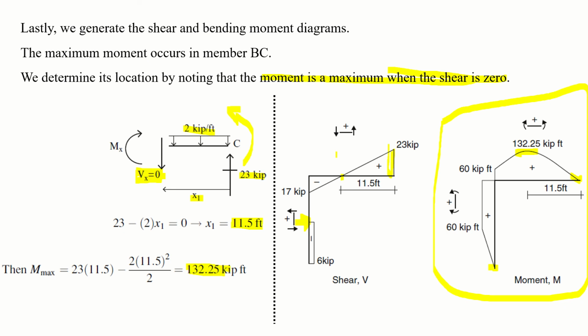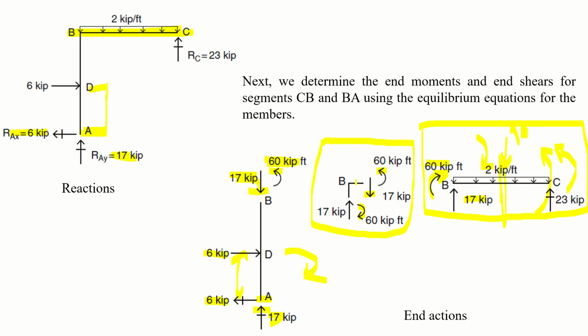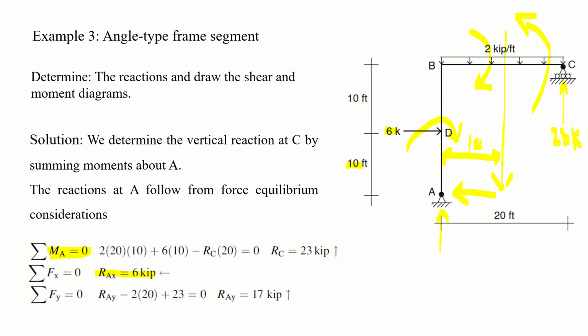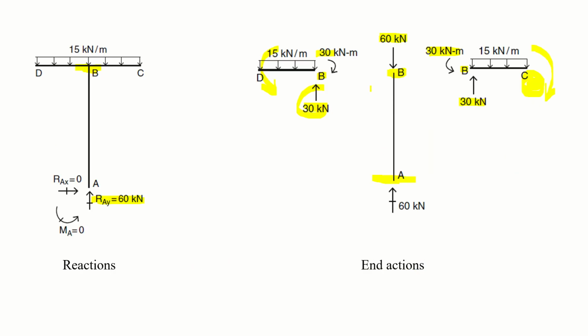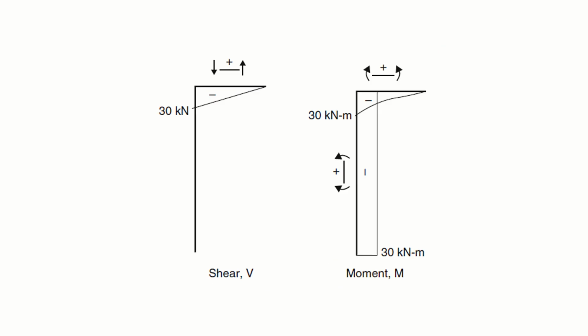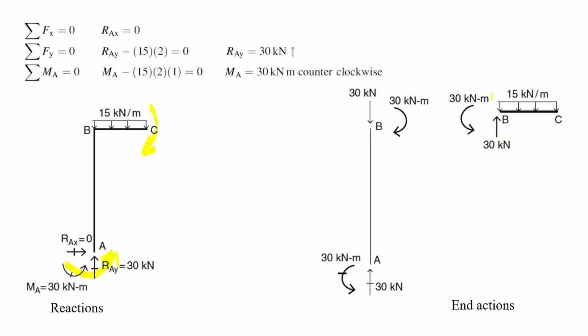For example, here you have drawn, or you can opt for the method we have used in examples 1 and 2. For example, in example 2c we didn't draw the joint separately, and in example 1 also. So we have directly shifted from member to member and made the joint in equilibrium.